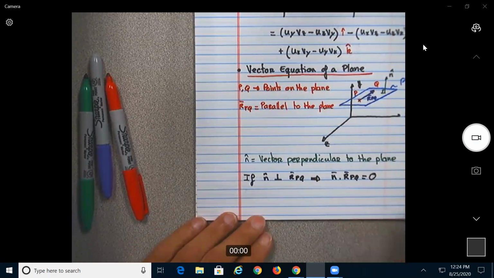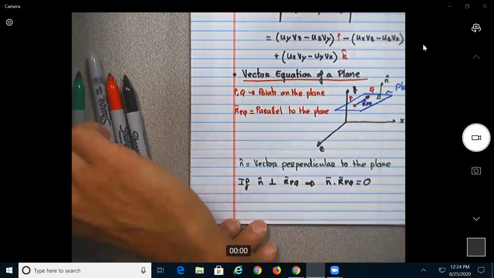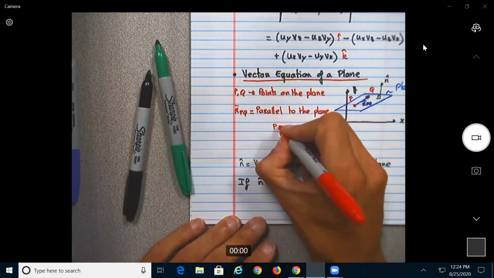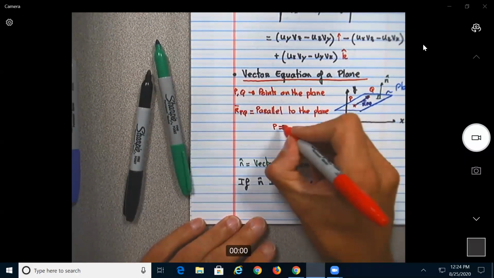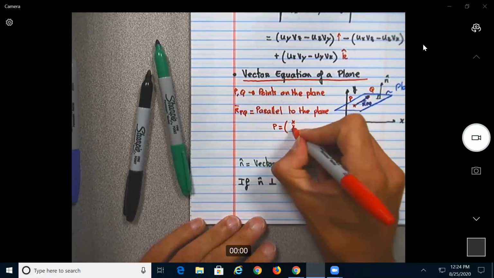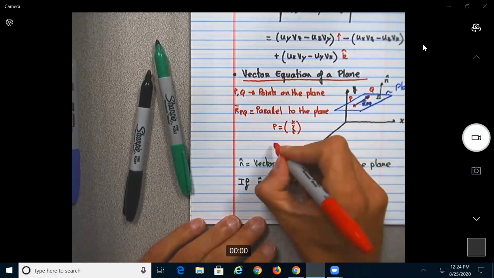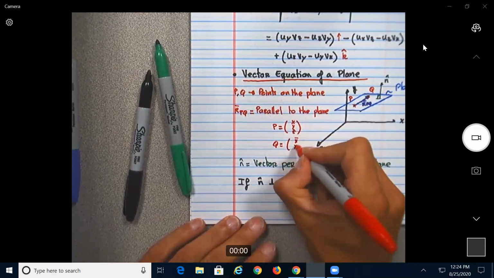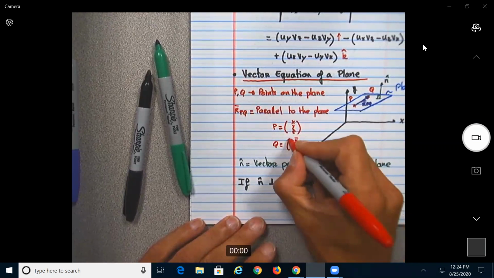Okay? So here, for the sake of simplicity, let me just say that P is equal to X, Y, Z, and Q is equal to X bar, Y bar, Z bar.